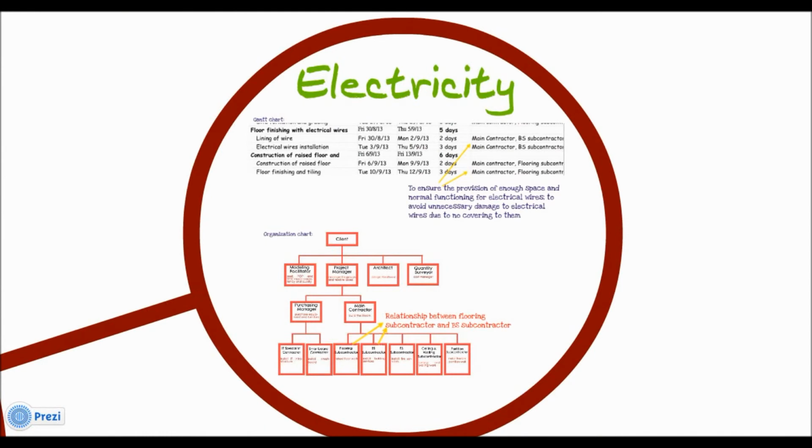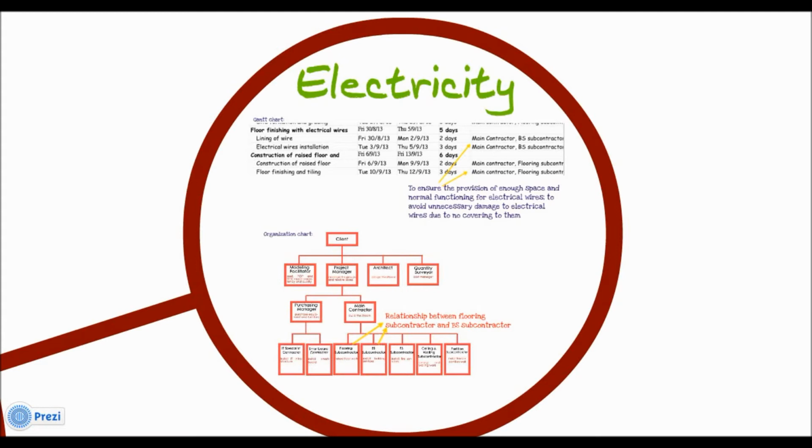In order to facilitate future usage during the occupational period and potential maintenance of the electrical wiring system within the raised floor, we have the following arrangements. The work of the flooring subcontractor will be started as soon as the building services subcontractor has fixed all the electrical wires, as indicated in the Gantt chart. This is to ensure that there will be enough space for future fixing or maintenance.